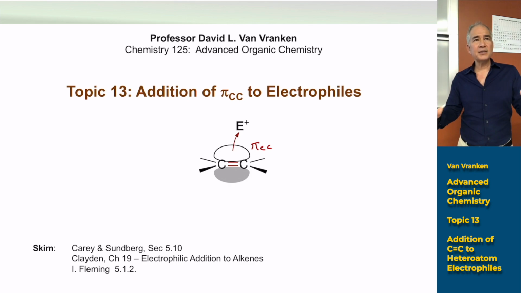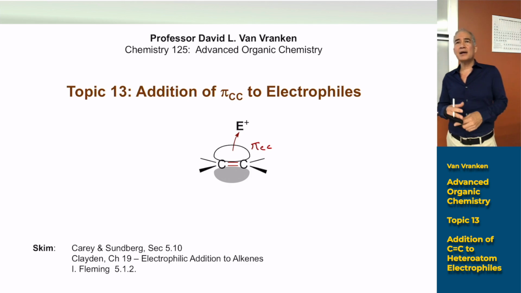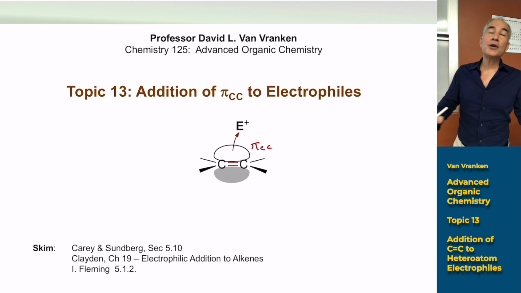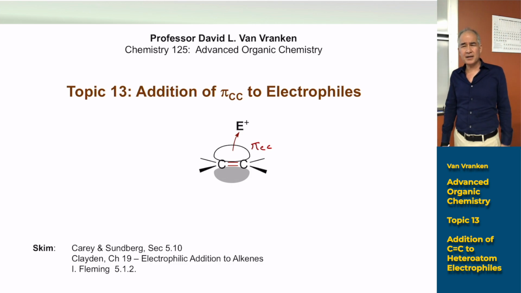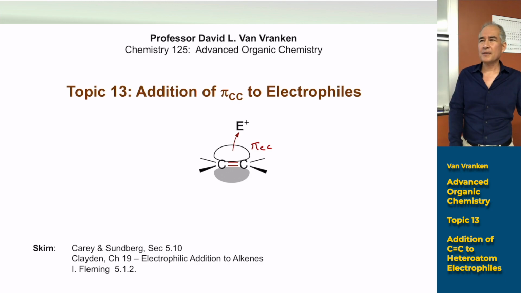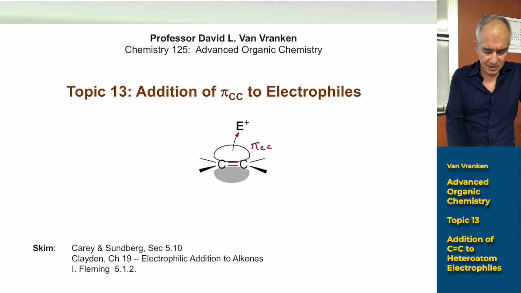In this topic, we're first going to talk about addition to heteroatom electrophiles, like Br2, Cl2, epoxidation, making carbon-oxygen, carbon-halogen, carbon-boron bonds. And then we'll switch over and talk about the very interesting and related process of adding CC double bonds to carbenium ions. But that'll be a way for us to frame this conversation.